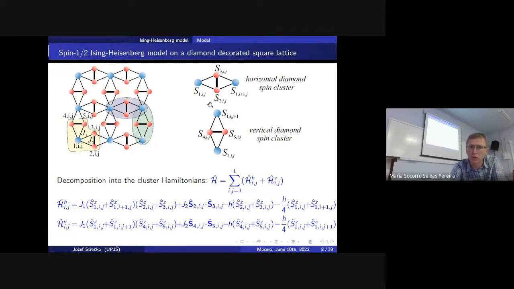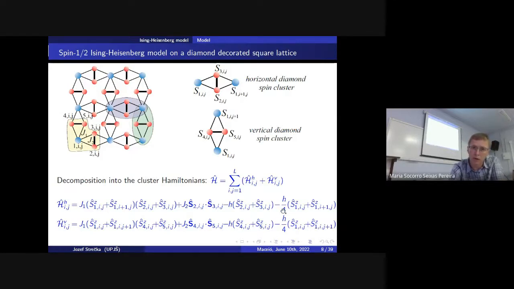Of course, it contains the Ising interaction of 2 Heisenberg spins and its 2 nearest neighbor Ising spins. That's the first term. Then the second term is the Heisenberg coupling, which we have between those 2 Heisenberg spins. Then a Zeeman term acting on the Heisenberg spins, and of course a Zeeman term acting on those Ising spins.